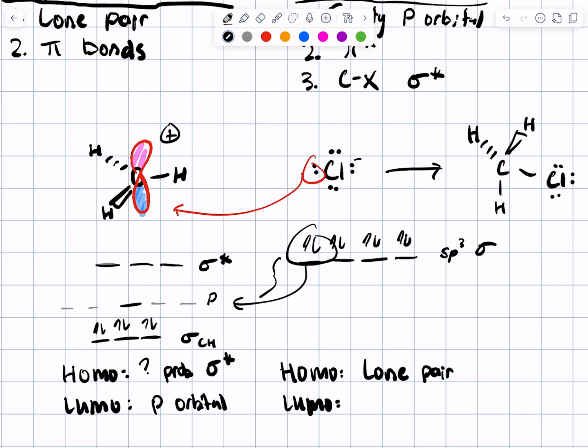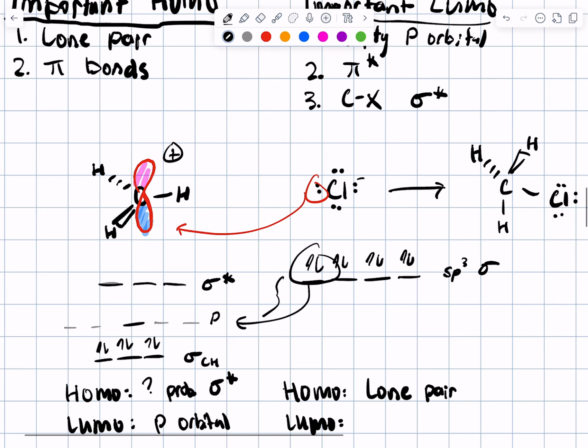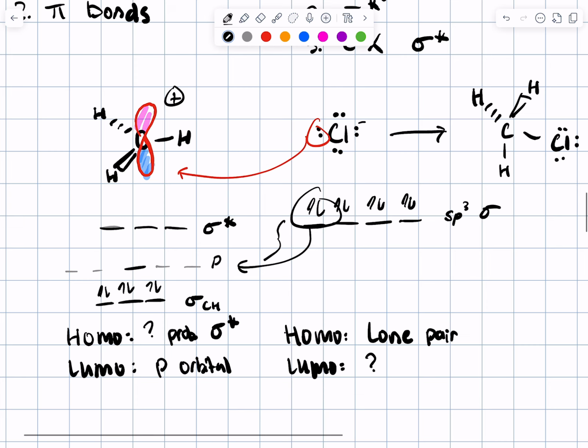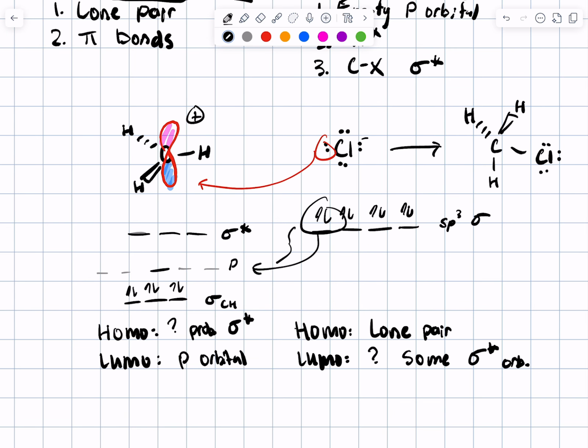And for the LUMO, we've got some stuff, but not really anything that important, so probably just some sigma star orbital. So this is an example where we have only one important HOMO and one important LUMO, and that tells us pretty precisely what our chemistry is going to be. We are going to have our HOMO, our highest occupied orbital, attack the LUMO of the other species.